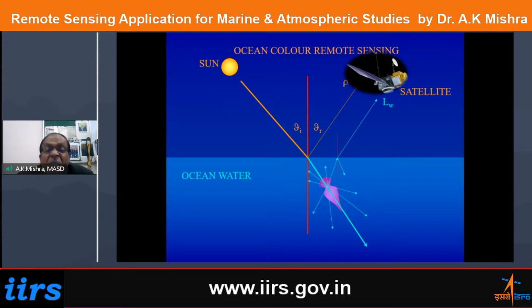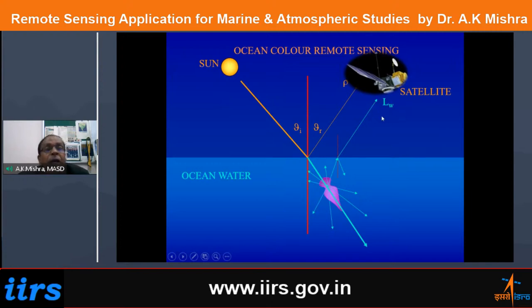The backscattered radiance is transmitted through the water surface following Fresnel's reflection coefficient, and the remaining light passes through the atmosphere and reaches the satellite sensor, which we call LW.